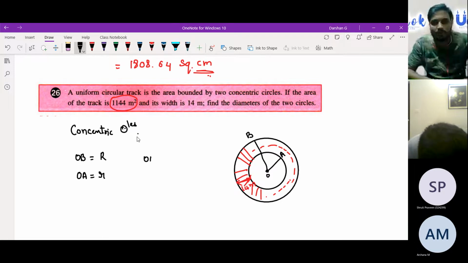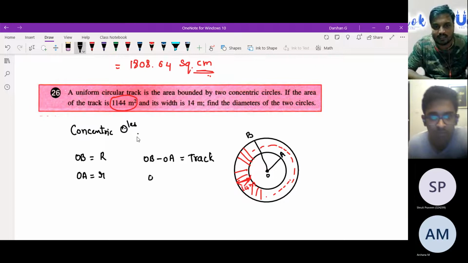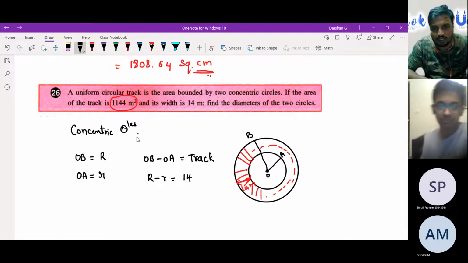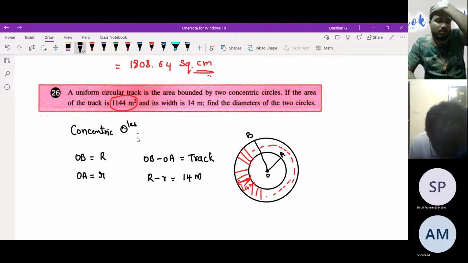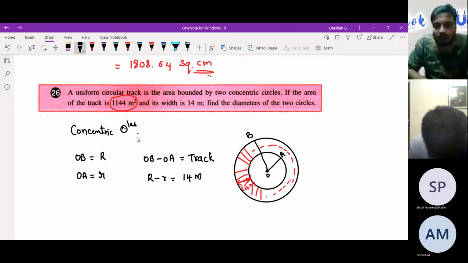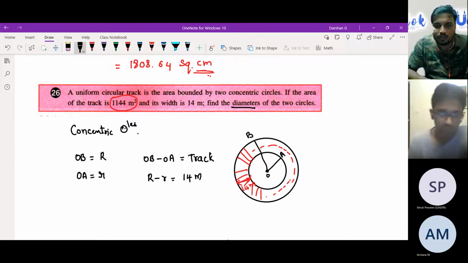So OB minus OA, that is the track. That is equal to 14 meters. So I can also write it as R minus r equals 14 meters. They want us to find the diameter of the two circles.